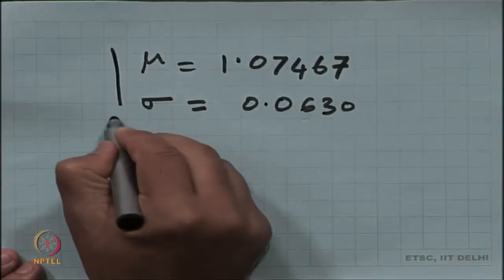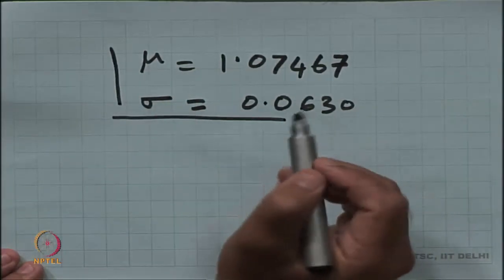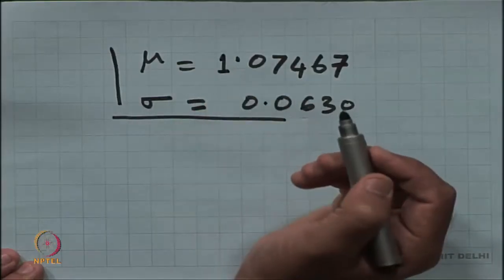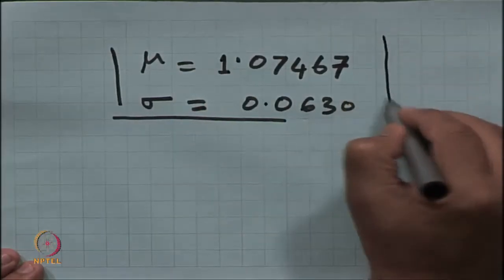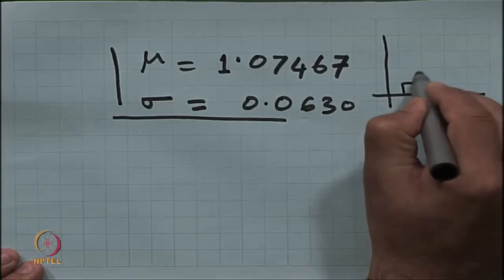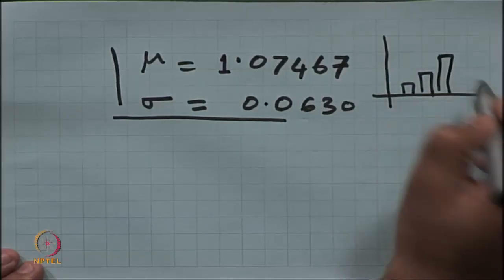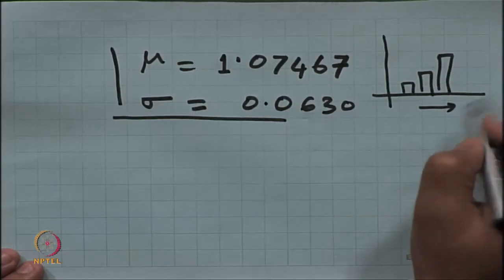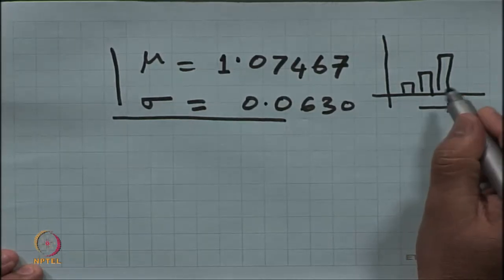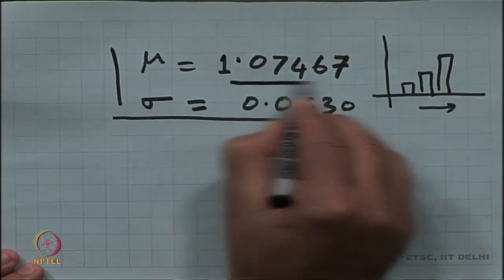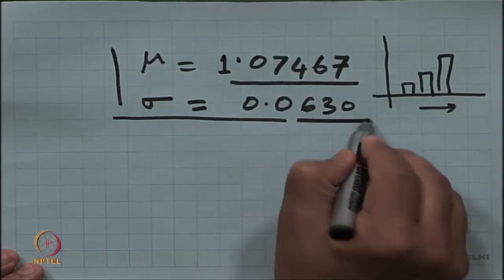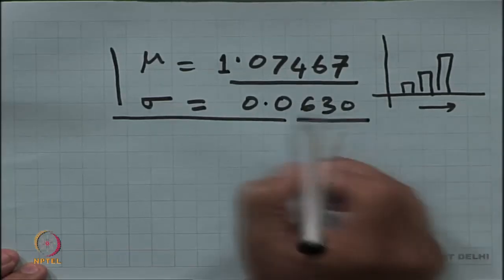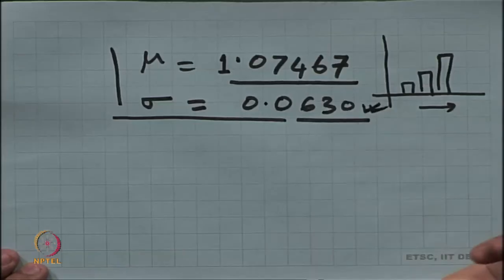So, this is the first part of the answer. So, the mean value and standard deviation have been calculated, and from where am I able to calculate this? From these distributions. I take the average of those percentages and I get this, and using the formula for variance I am able to calculate the variance and thereafter the standard deviation.